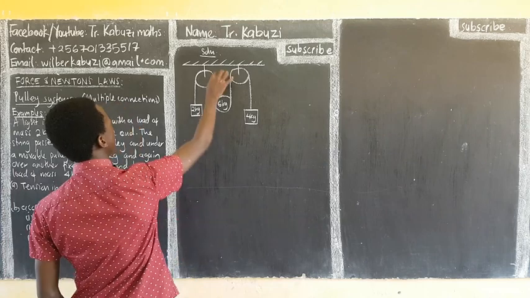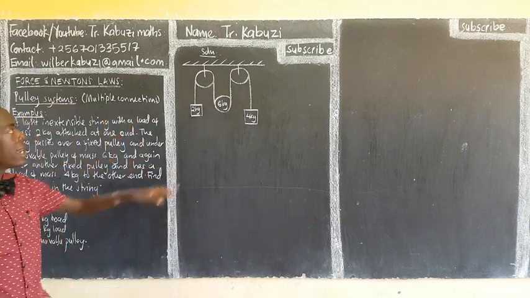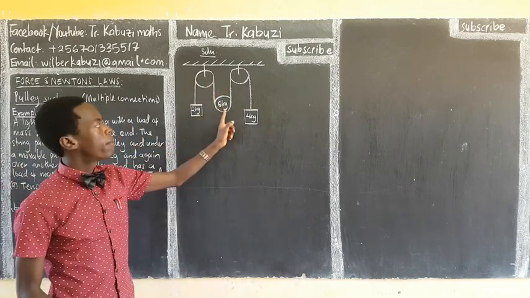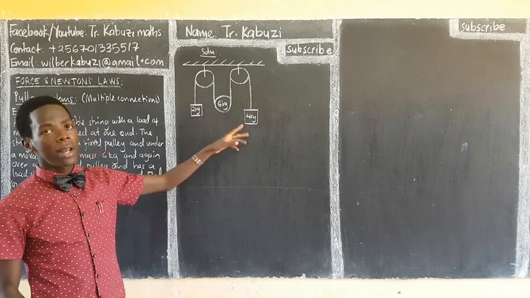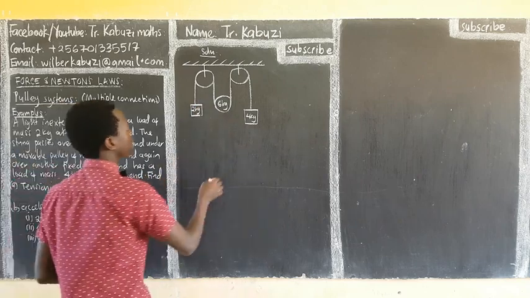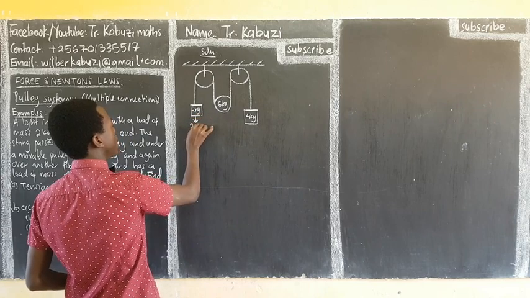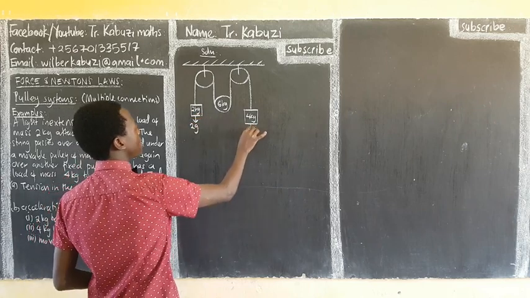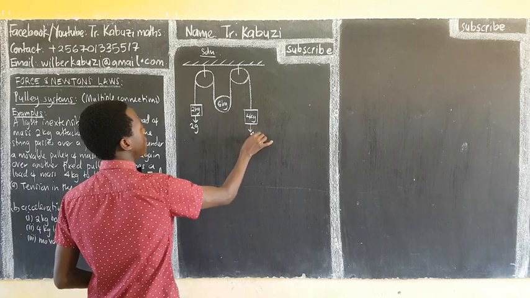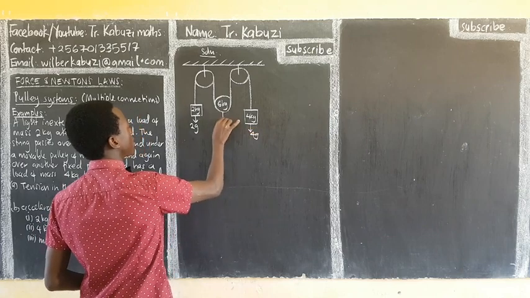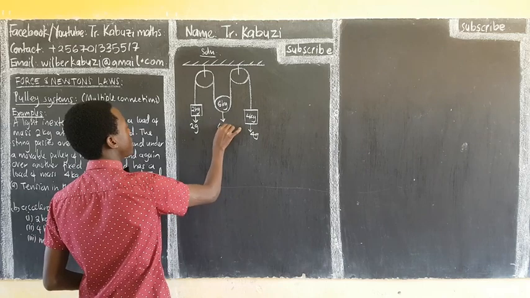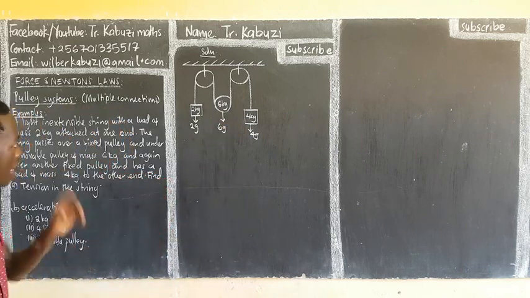Now, because it's the same string, these are the two fixed pulleys, the movable pulley, then the two weight loads. Okay, first of all, this one is going to be having a weight of 2, the mass times gravity. Also, this one is going to be having a mass 4 times gravity. This one is going to be having a mass 6 times the gravity acting.